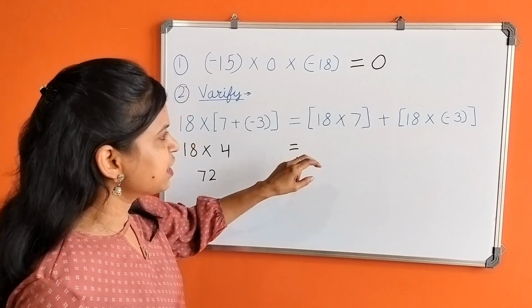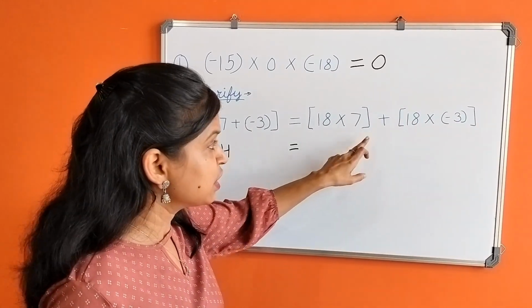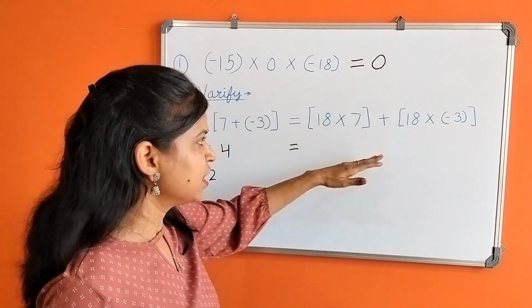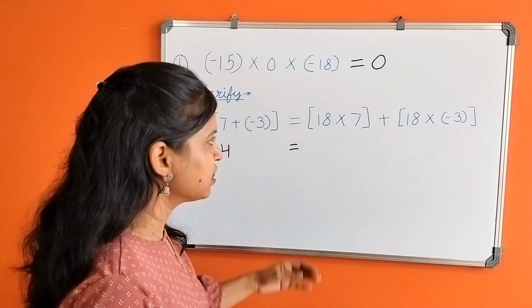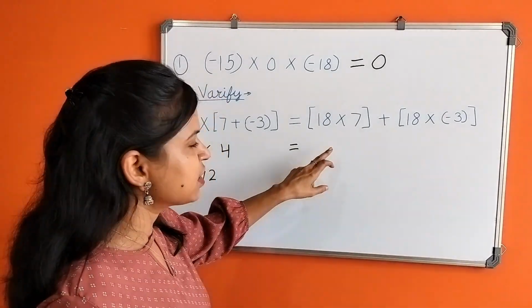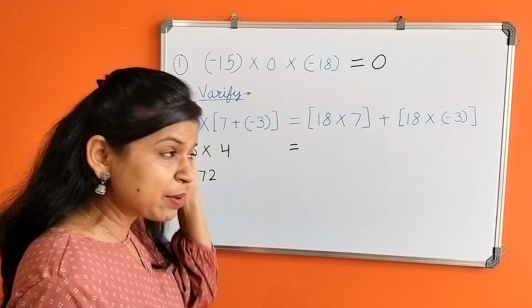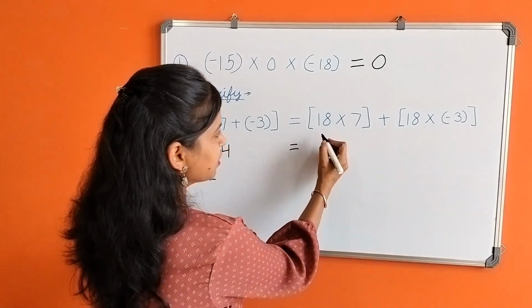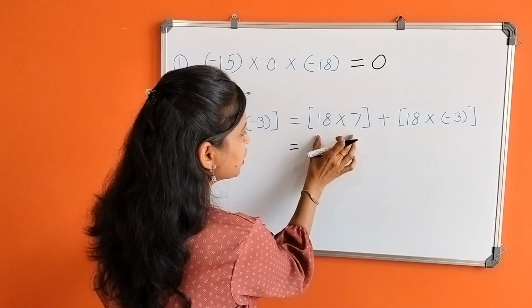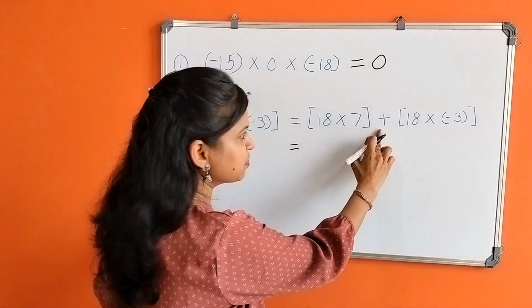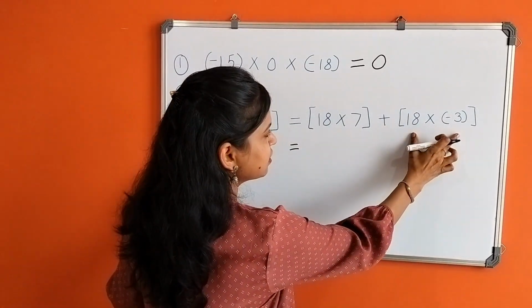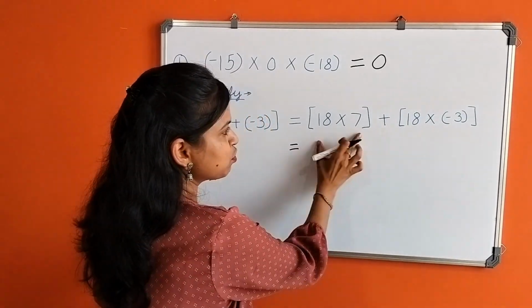Now solve the right hand side part. If we multiply 18 into 7, then 18 into minus 3, it is a little bit time consuming. So we will apply the distributive property. Remember, there are two groups with an addition sign, first group and second group.